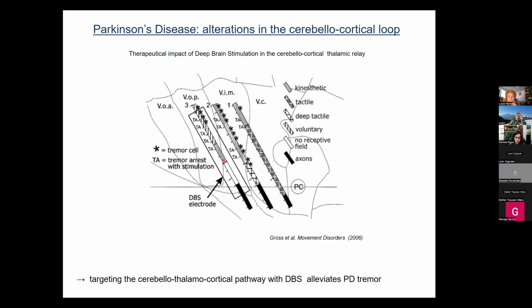They recorded the activity of cells here, and they found cells that are particularly related to the tremor, and the stimulation had an effect on these tremors. So we see that this network is a therapeutic target, and targeting the cerebello-thalamocortical pathway with DBS can alleviate Parkinsonian tremor.